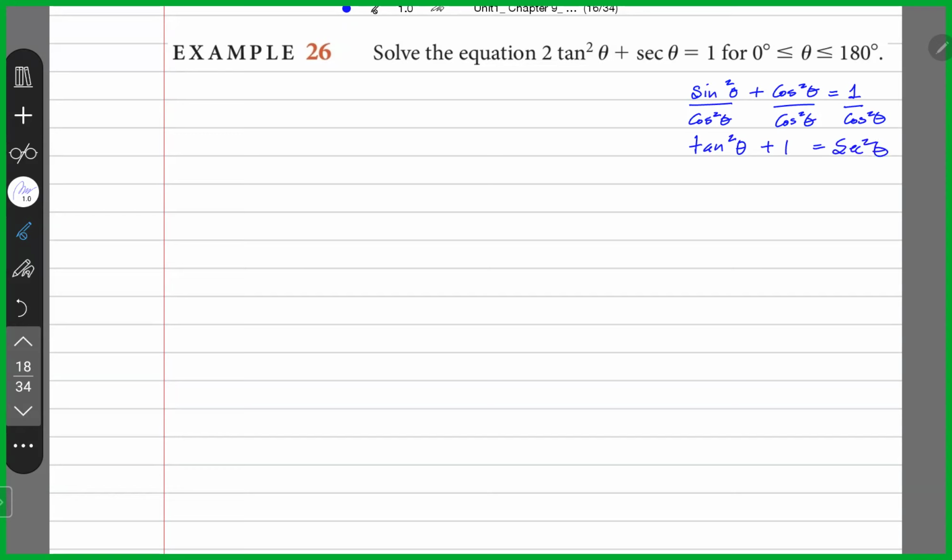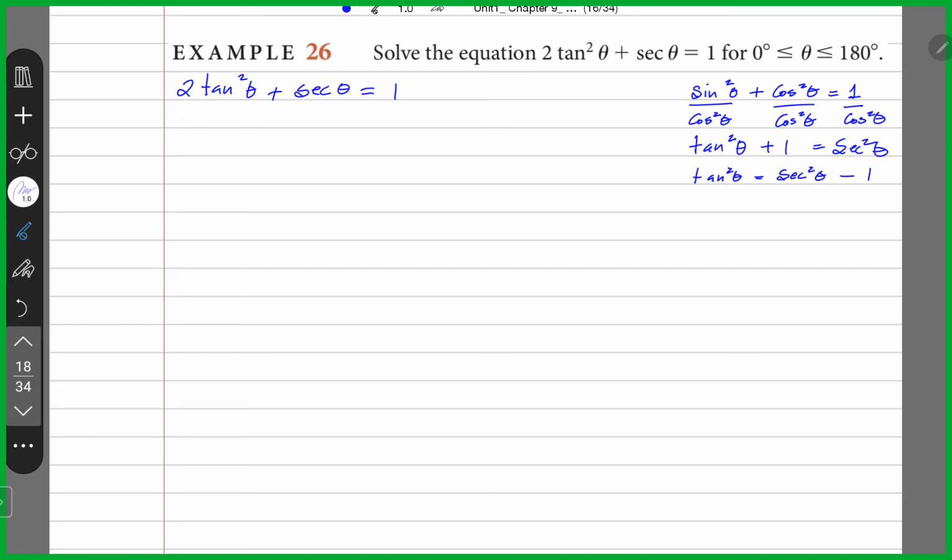All right, so tan squared plus 1 is equal to sec squared. So that means that tan squared theta is actually equal to sec squared theta minus 1. So we're solving 2 tan squared theta plus sec theta is equal to 1.